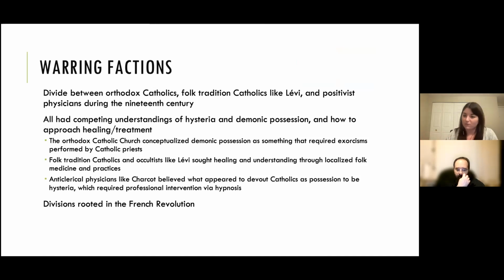And then we have the positivist anti-clerical physicians like Charcot, who assert that what appears to Catholics as possession is really hysteria, and we need professional intervention through hypnosis.